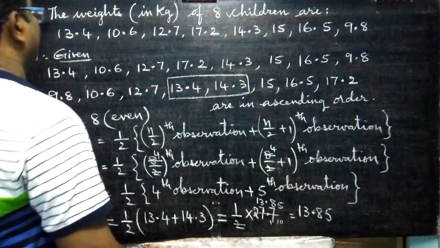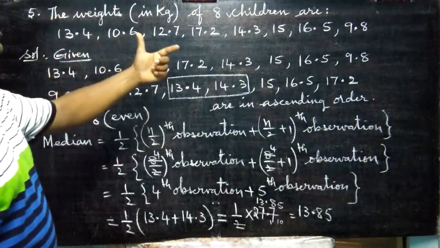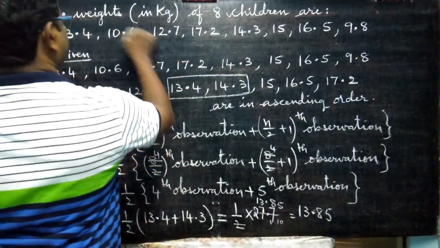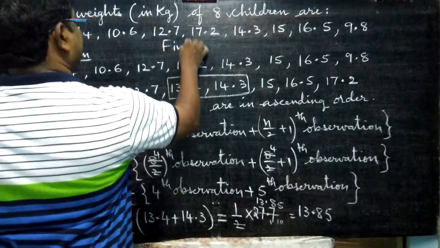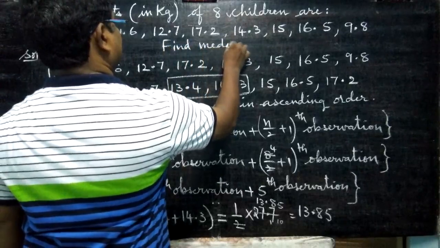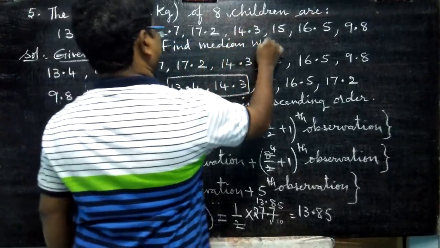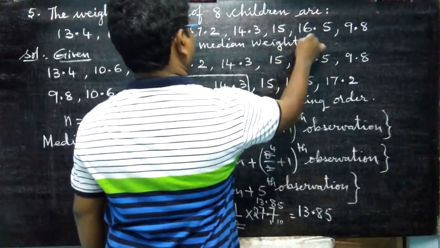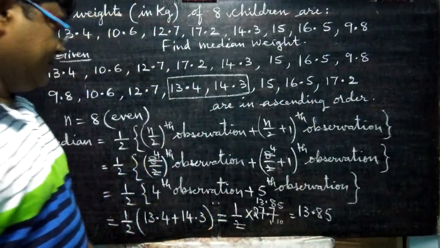How much did you get? 13.85. Therefore, they told us to find the median weight.